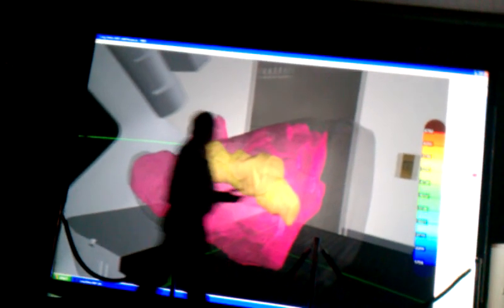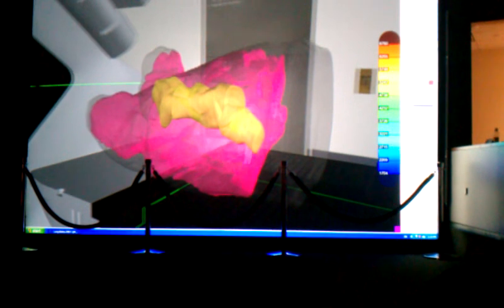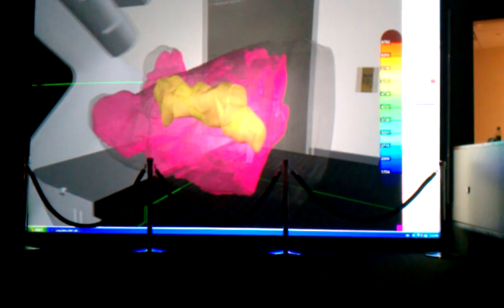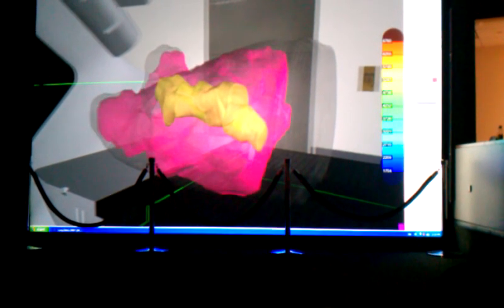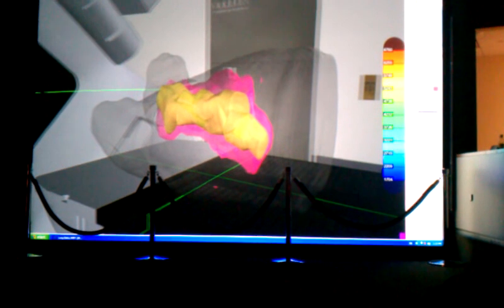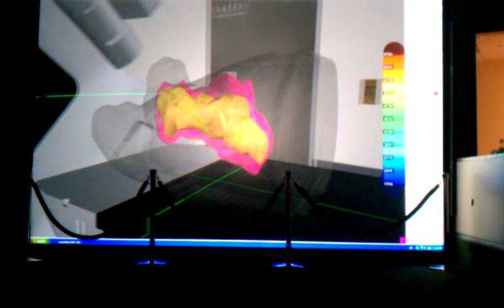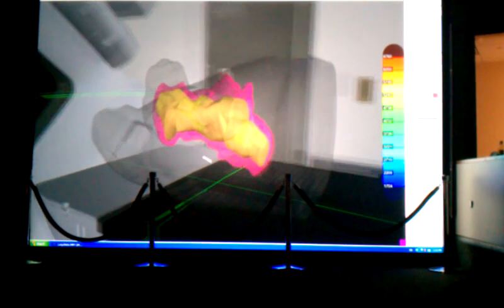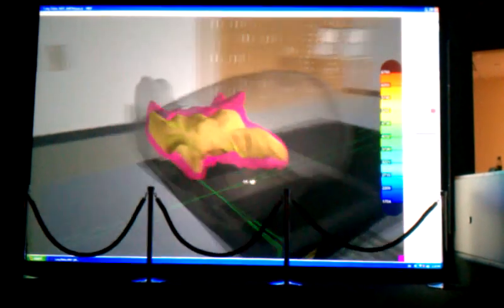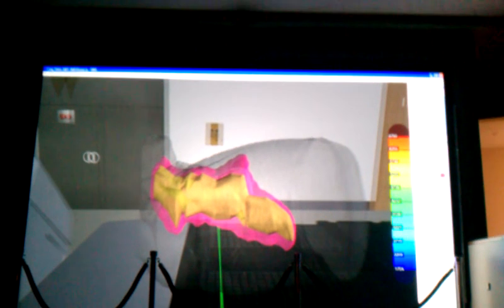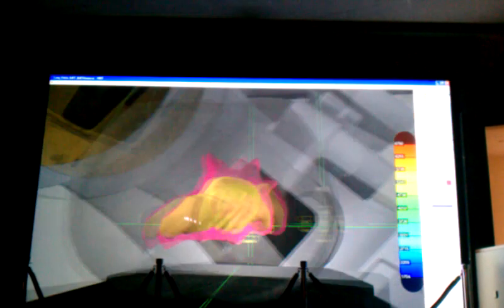So wherever the pink is, you know that 1,000 centigray is going there. So we can see truly where the radiation is going. We can see it on the organs, which is, of course, something we can't do in the clinic on the patient. That's the tumor area, and that's the lobe around it, and it's showing 4191 centigray that our patients are getting here.